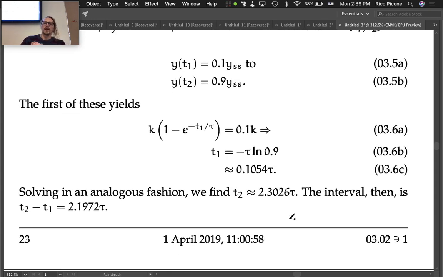Solving in an analogous fashion for t2, we get that that's about 2.3 times the time constant. The interval then is the difference, so we subtract t1 from t2, and we get about 2.2 time constants. So 2.2-ish time constants is the rise time for a first order system with no zeros.